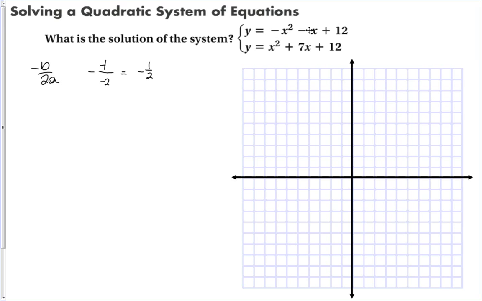Now you plug in the negative 1/2 to get the y coordinate of your vertex. So we're going to have y equals negative 1/2 squared minus negative 1/2 plus 12. That's simple to punch into your calculator.